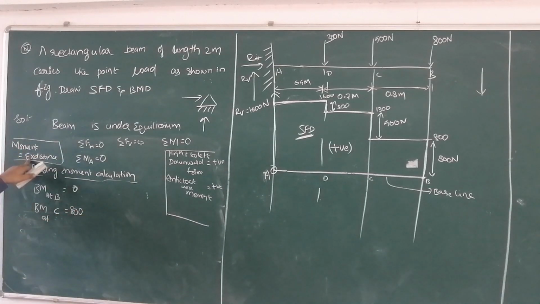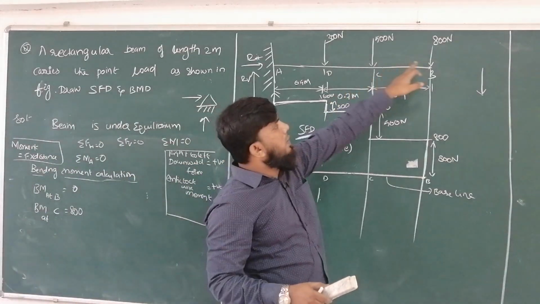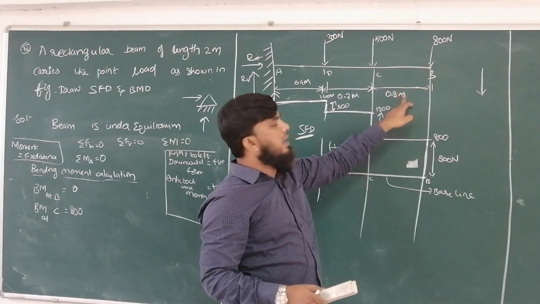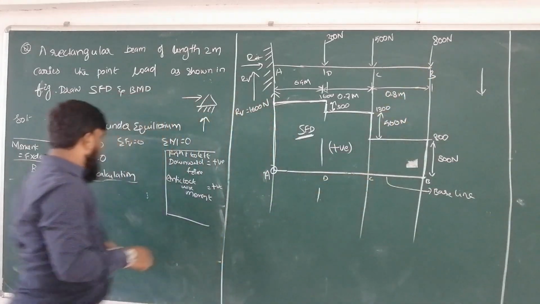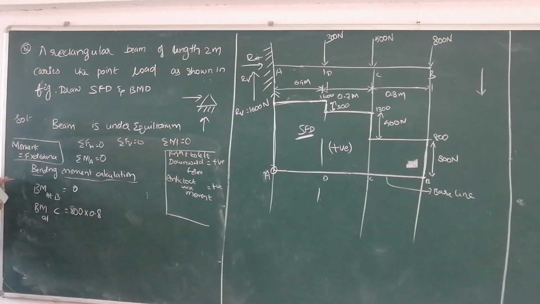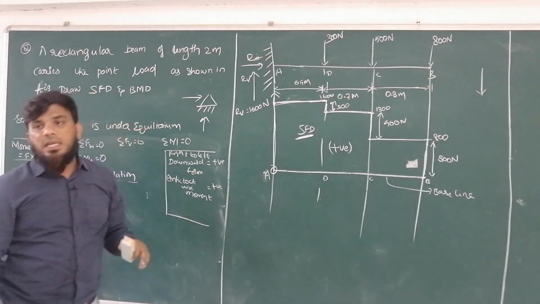From point C to the load, the distance is 0.8, so we multiply by 0.8. The value we get is 640.